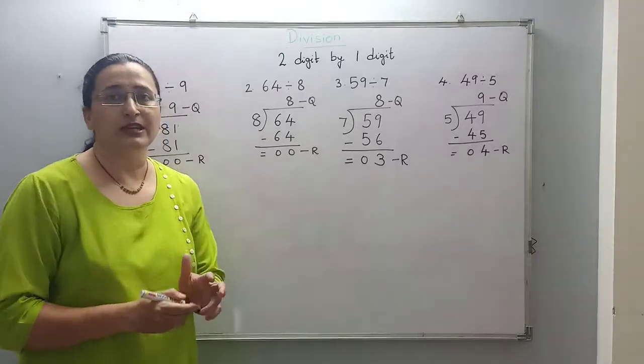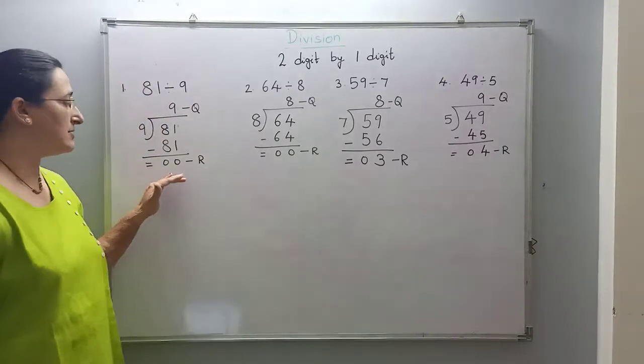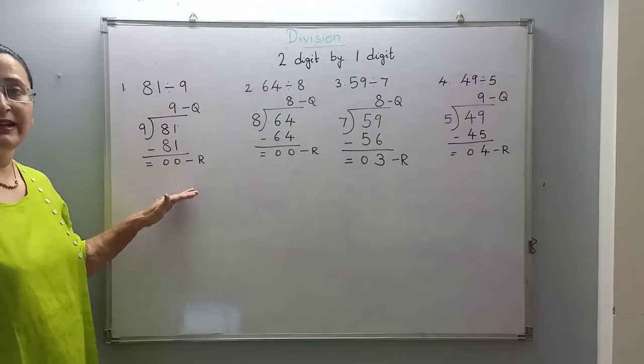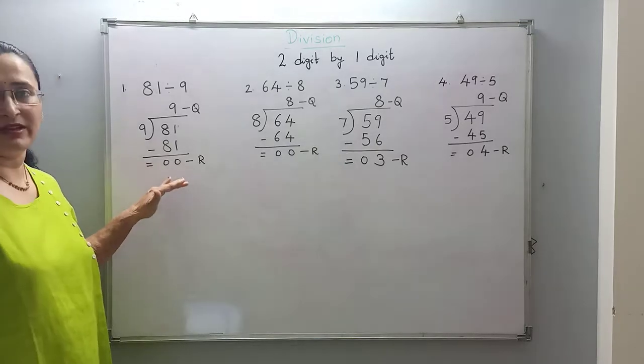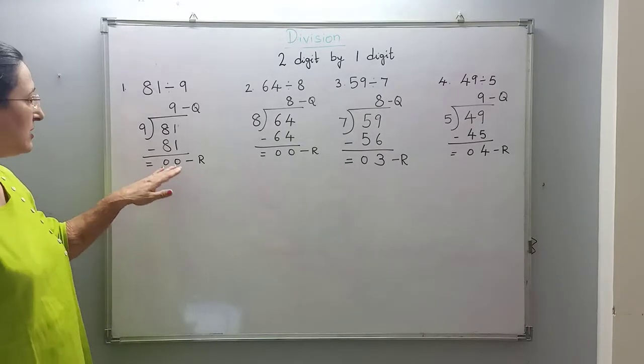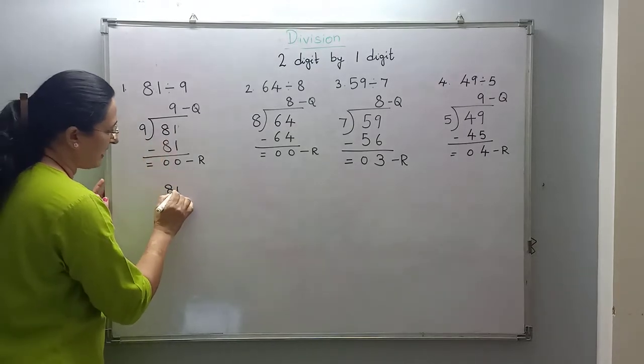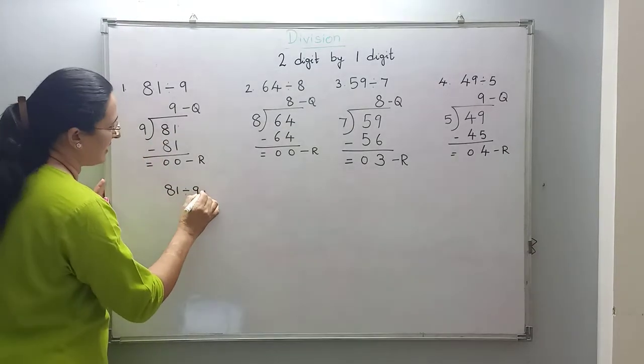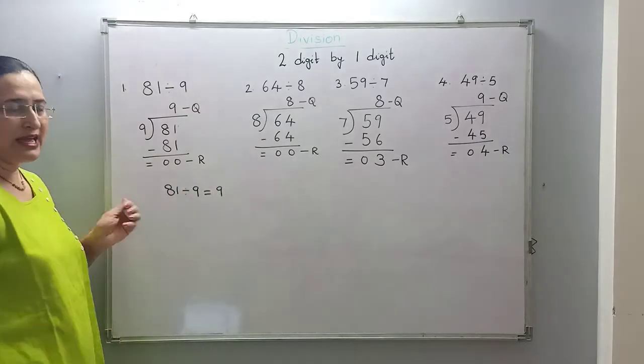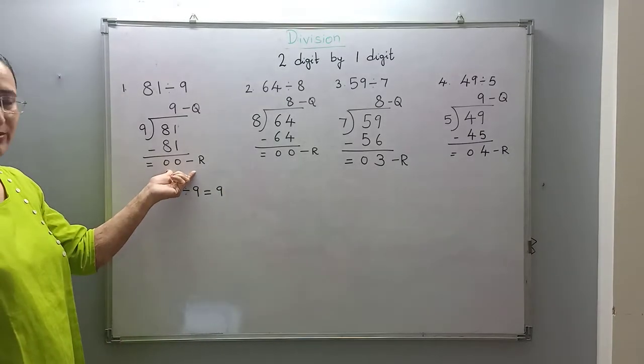Now as I have earlier said, whenever there is a 0 remainder, when we write a division sentence, we never write a remainder, which is not to be mentioned. So if I want to write a division sentence for 81, I would write 81 divided by 9 is equal to 9, as there is no remainder or 0 remainder.